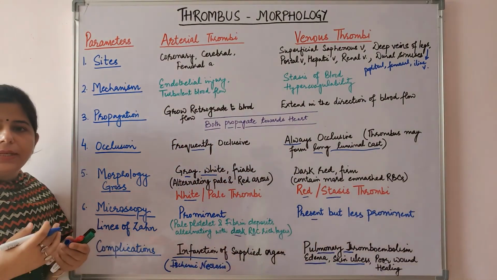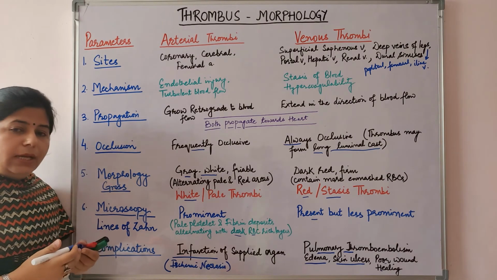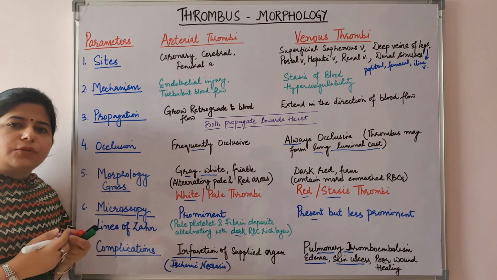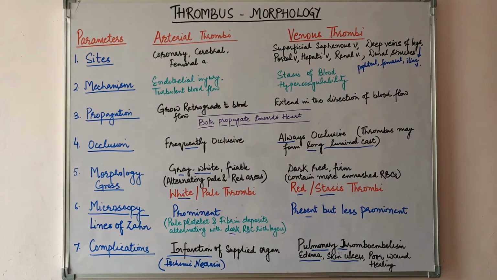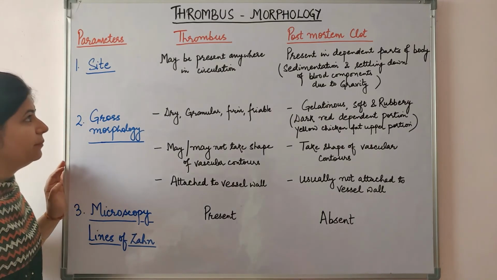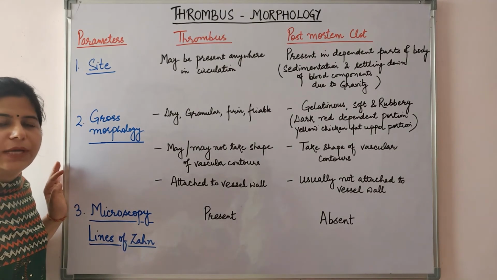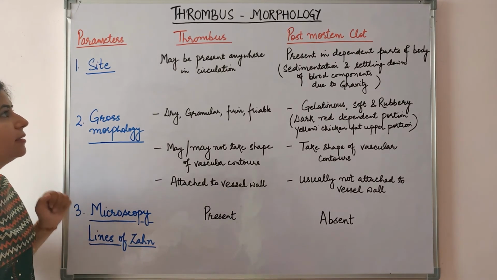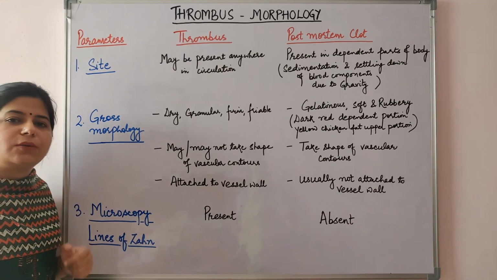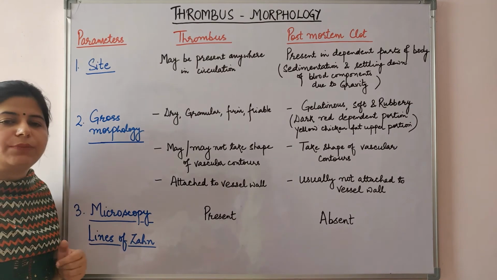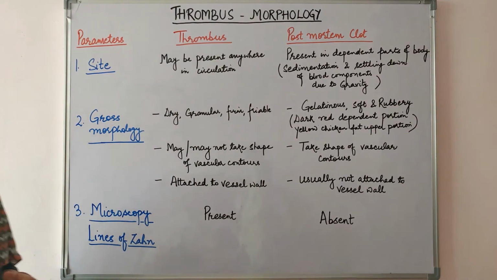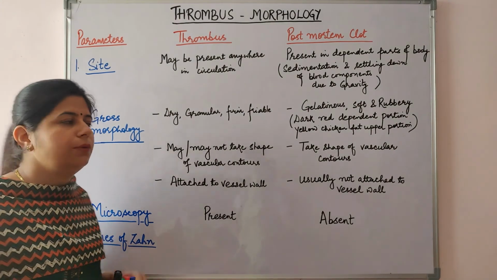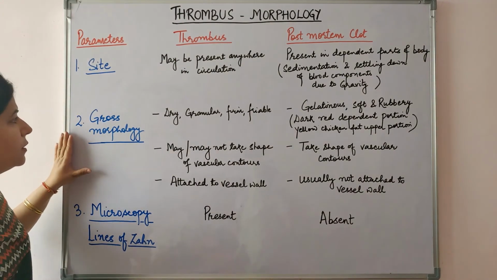Next we discuss the differentiating features between post-mortem clots and thrombus, or the ante-mortem clot. On the basis of these parameters, we can differentiate between thrombus and post-mortem clots. Site. Thrombus may be formed anywhere in the circulation, whereas post-mortem clot is present in the dependent parts of the body. This is due to sedimentation and settling down of the blood components due to gravity. Gross.